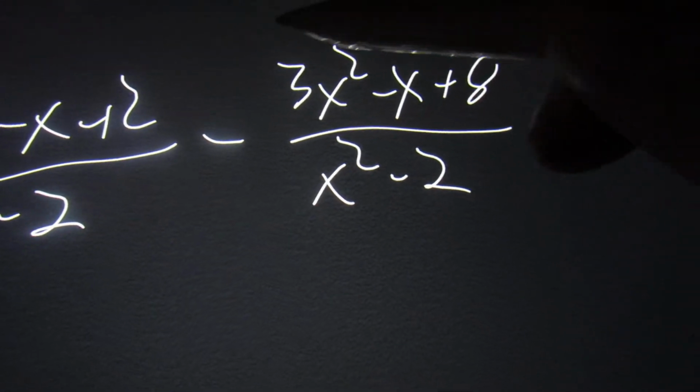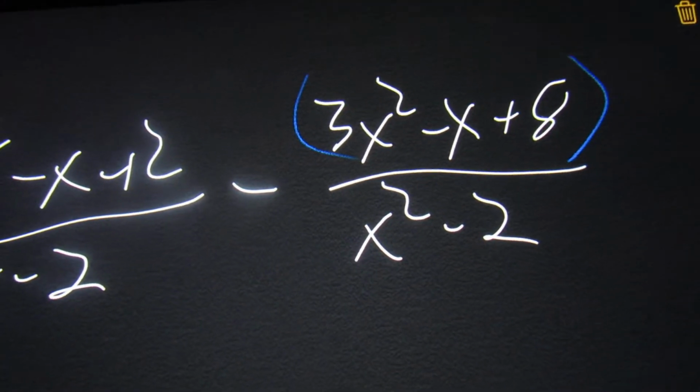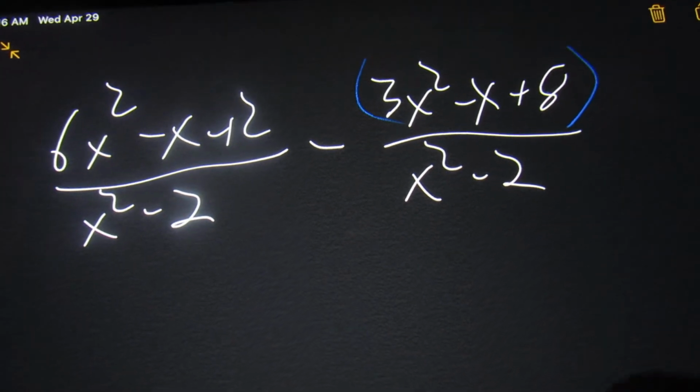So the first thing I'm going to do is put parentheses around the second numerator that's being subtracted.